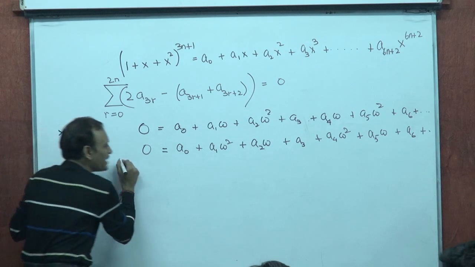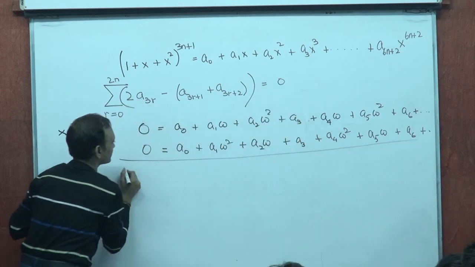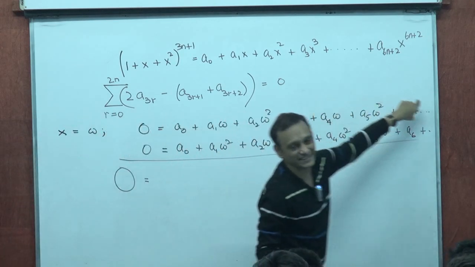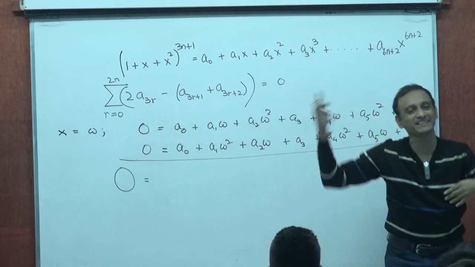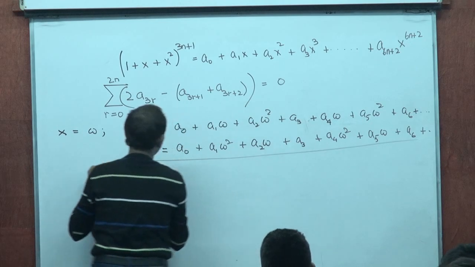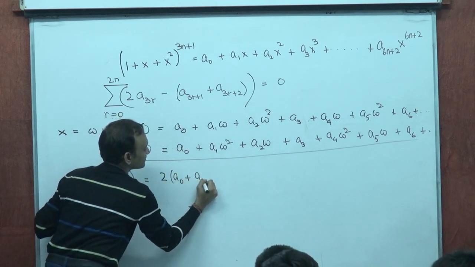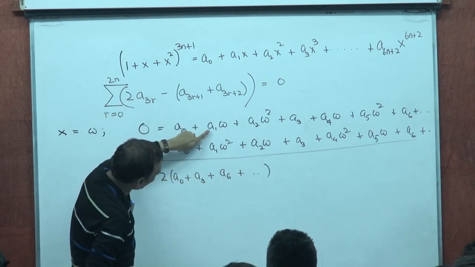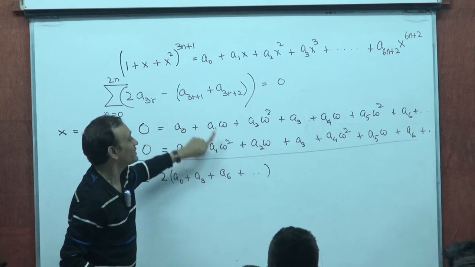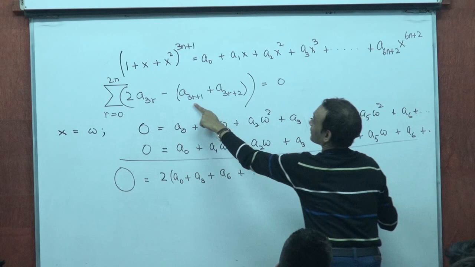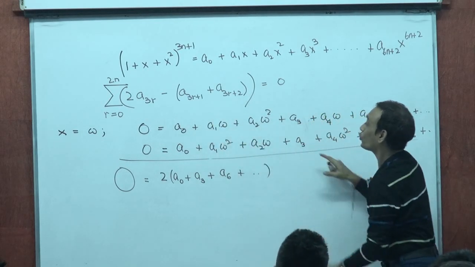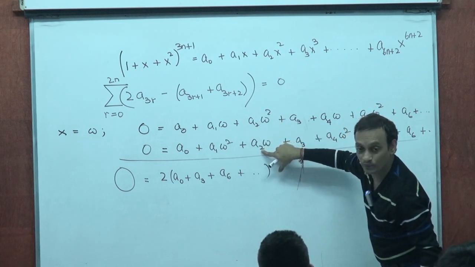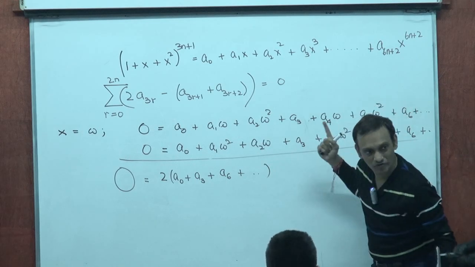Add vertically. When you add vertically, you love it. Because see, the 3k's, a0, a3, a6 get clubbed together. All the a3k's, there's twice a3k's, right? So, twice a0 plus a3 plus a6, etc. And now what about the rest? Right? Omega plus omega squared is minus 1. So a1, a4, etc. will belong to this. And then, what about this? a2, these are all 3k plus 2 form, a2, a5 and so on and so forth, yes or no?